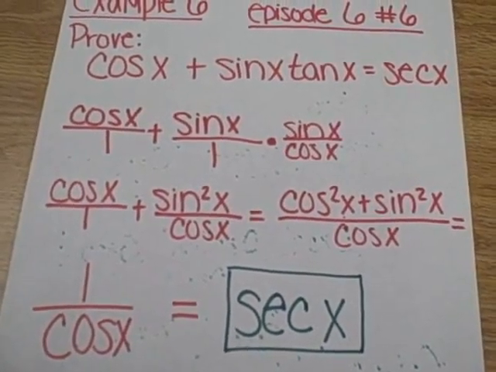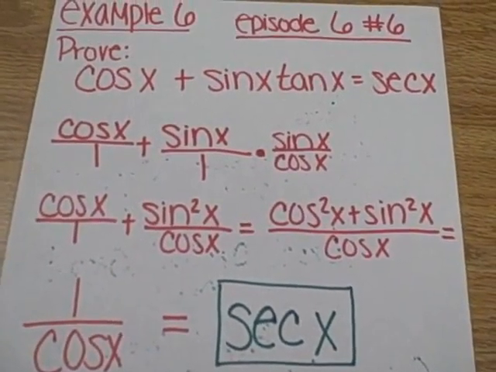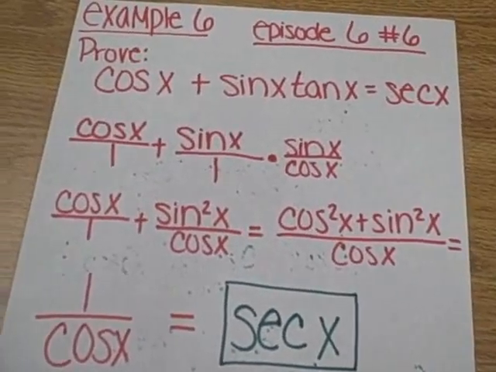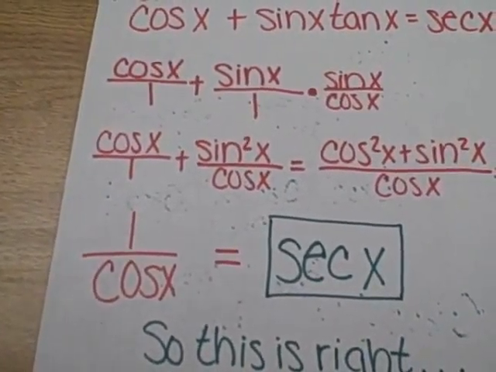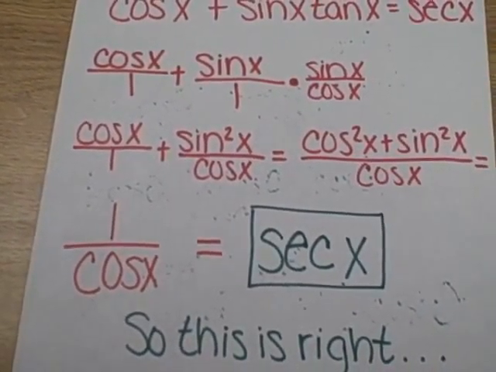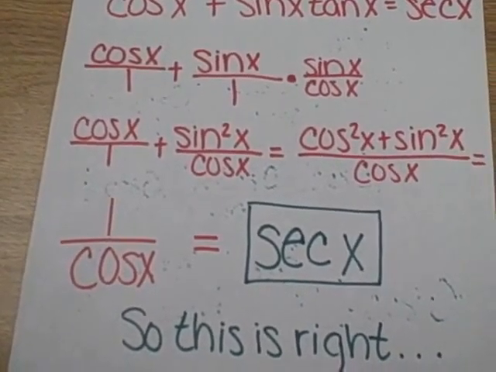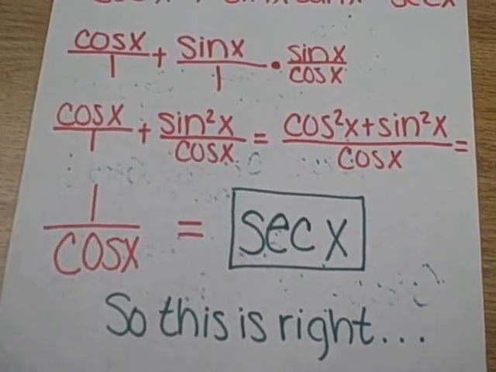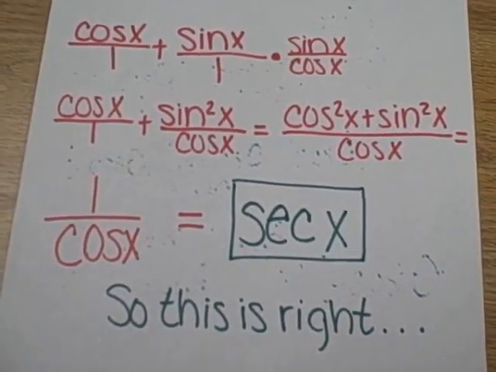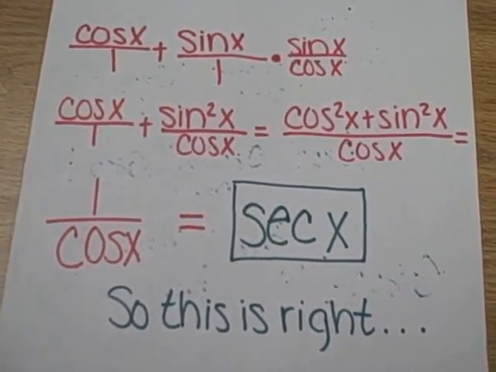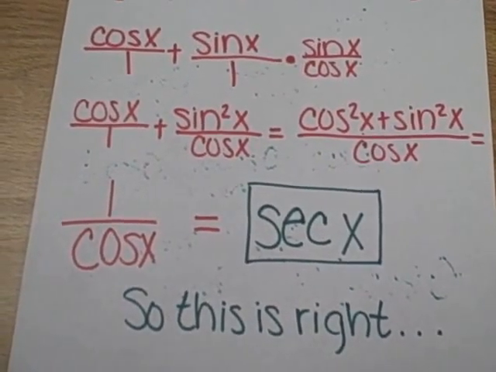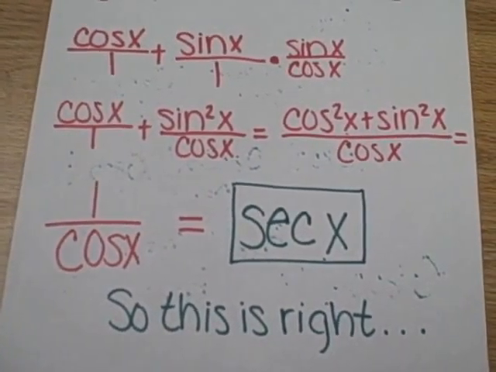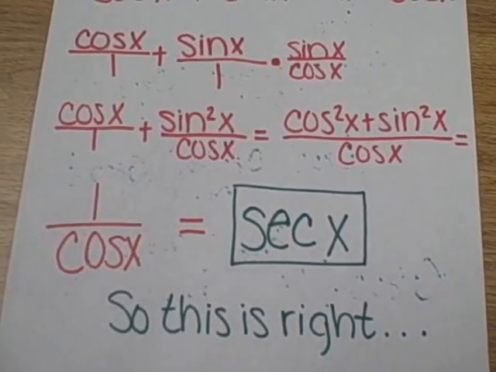Using a Pythagorean identity, you can rename cosine squared x plus sine squared x as 1. When you do that, you have 1 over cosine x, which, using a reciprocal identity, you can rename as secant x, which proves that the problem is right.